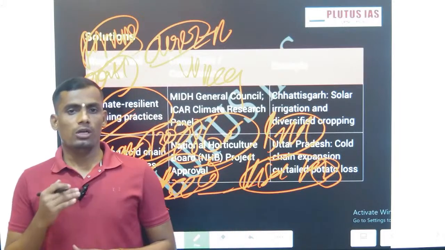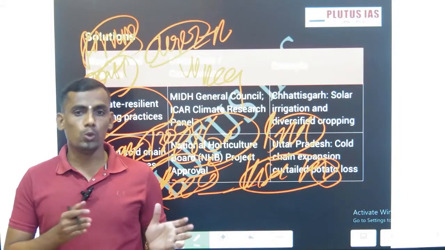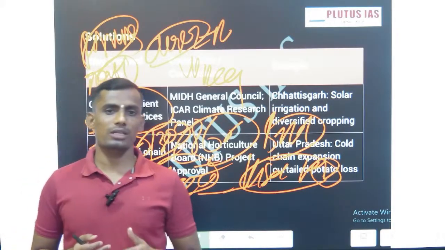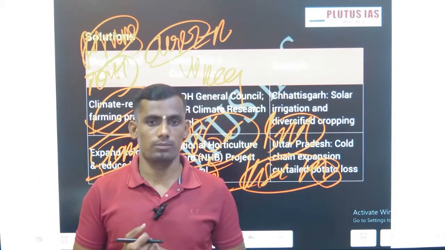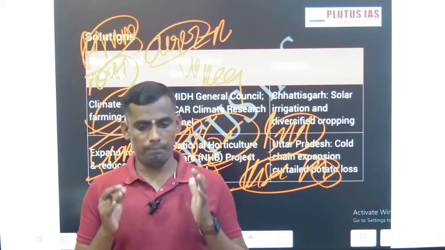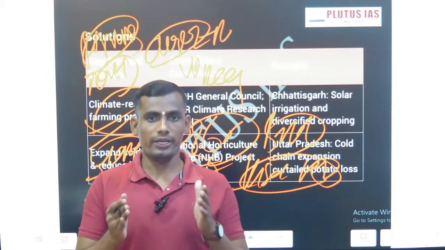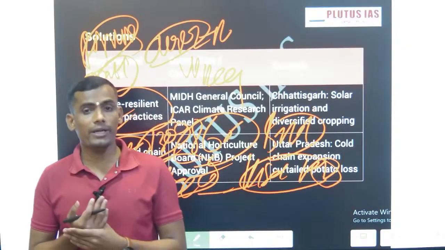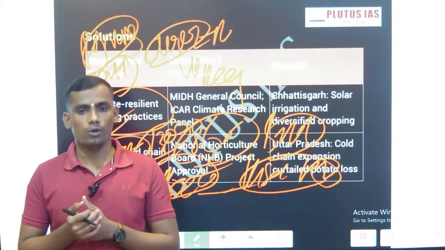Now, this is what we can do to address the climate vagaries. If you remember, the government of India has launched Mission Mausam. Mission Mausam is particularly for this purpose: to get forecasts in advance, to take mitigation and preventive measures to avoid farm losses.